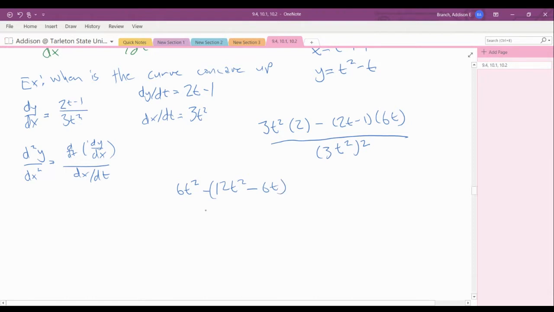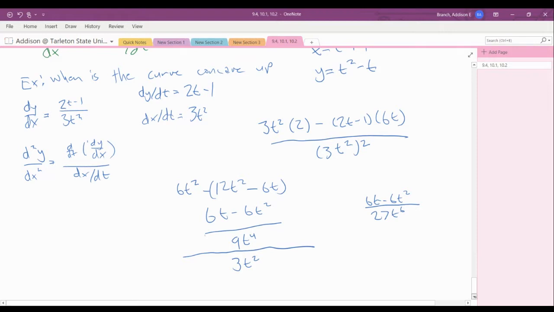We get 6t minus 6t squared all over 9t to the 4th. And then we have to divide all of that by 3t squared again. So therefore we get 6t minus 6t squared all over 27t to the 6th.